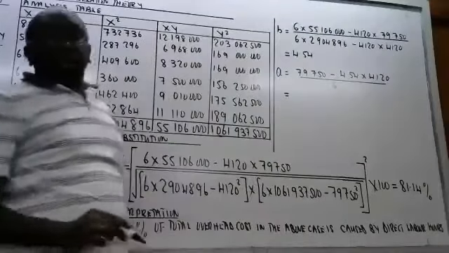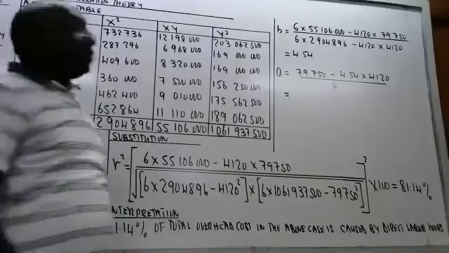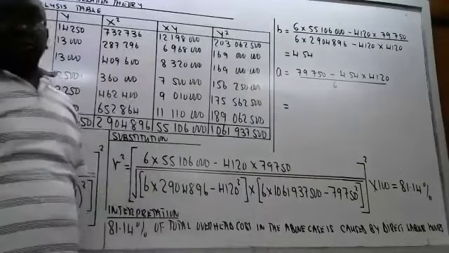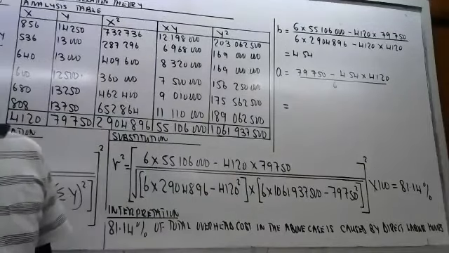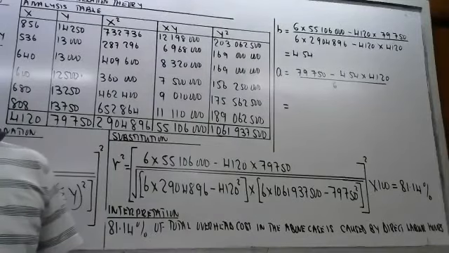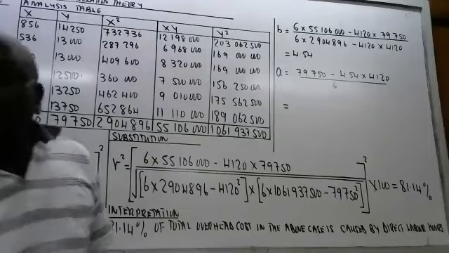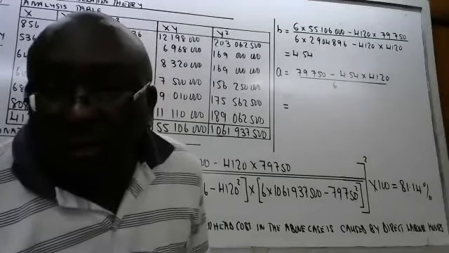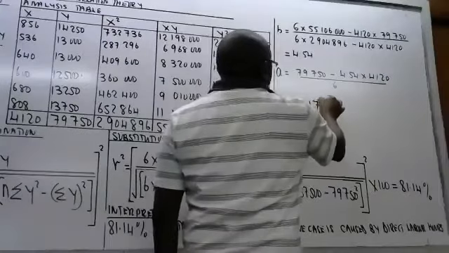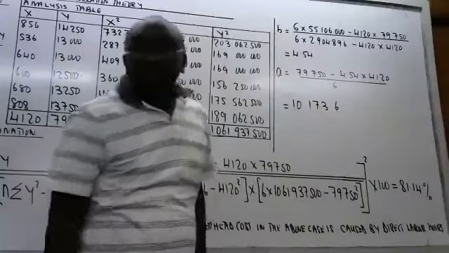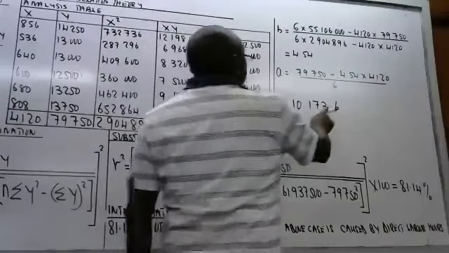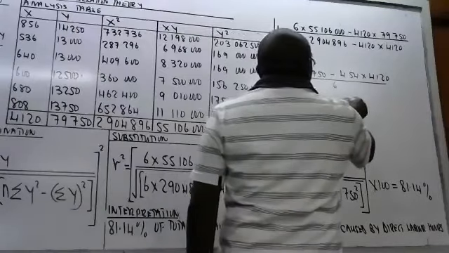So once again, give me the answer when you divide by 6. I can see 10,173.6 or 0.582.